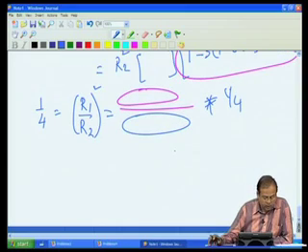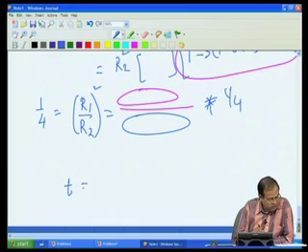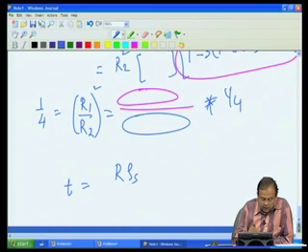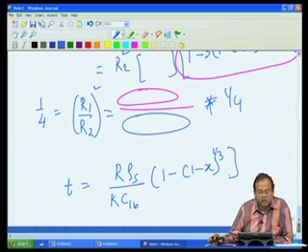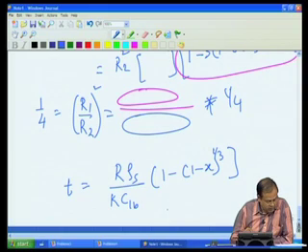Now, what will happen if I assume reaction is controlling? If reaction is controlling, then I get this. I can do the same exercise with R1 and R2, and it turns out that the ratio correctly matches.